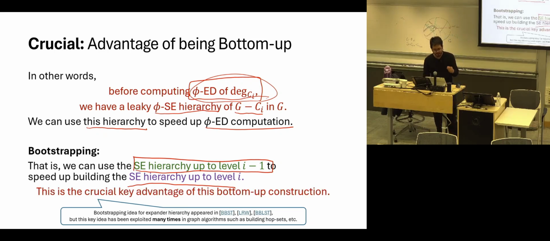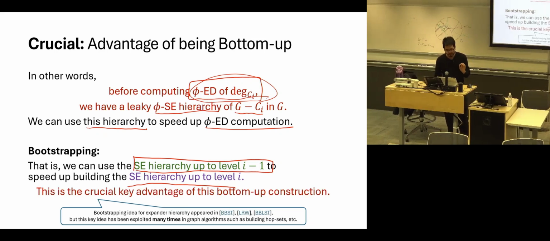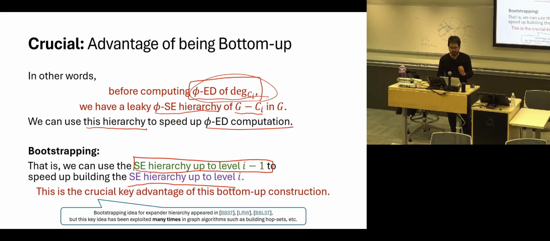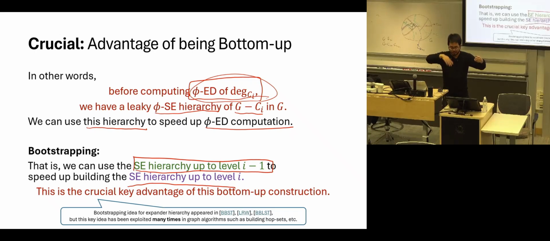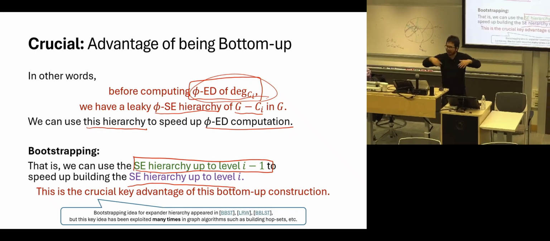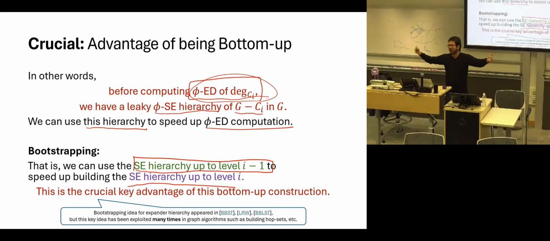This is basically the key advantage of bottom-up construction. That is quite different from top-down. In top-down, when you try to compute a balanced separator, you have nothing with you; you just try to do it from scratch.